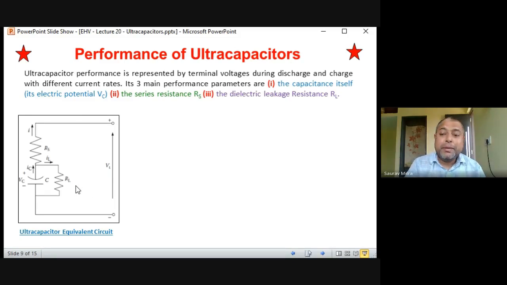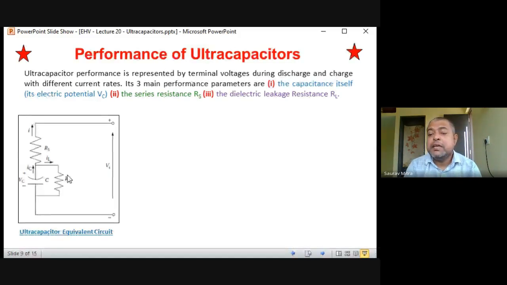Parasitic resistance, leakage resistance, all these things you have heard. So whenever we are charging a capacitor of 5 volts, suppose we are giving 5 volt DC to the capacitor, it never gets charged to the 5 volt. Maybe you can keep it for 10 days with 5 volt DC, but it will never go to 5 volt DC, because there is some recombination or some voltage drop across RS.